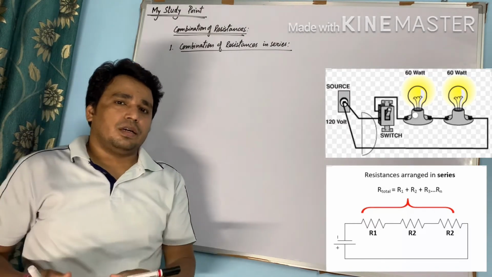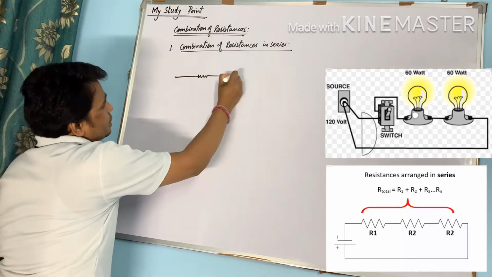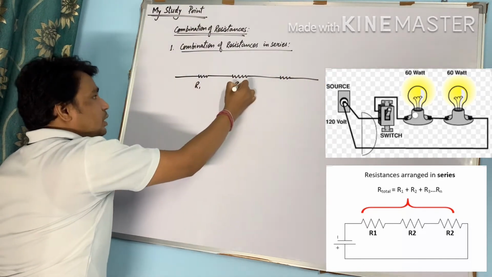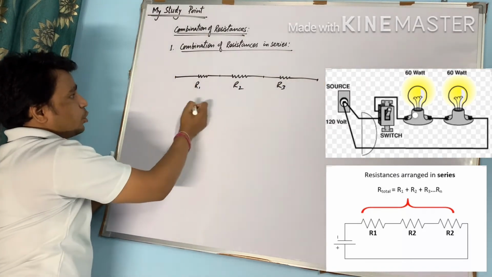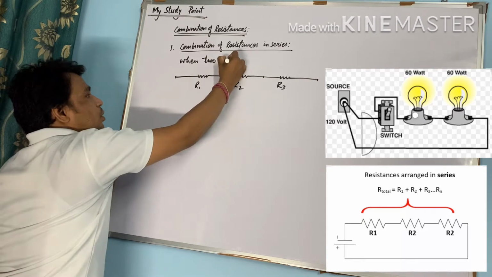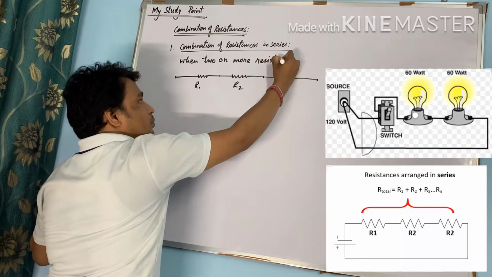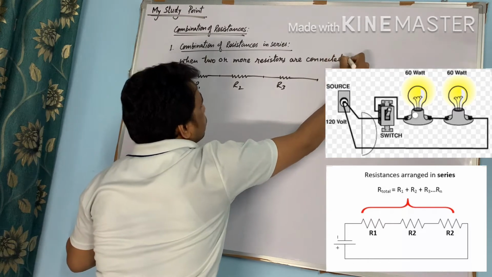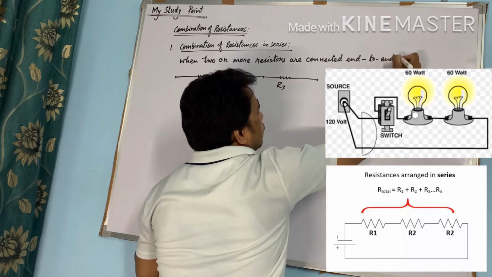For example, this is R1, R2 and R3, such that these three resistances are connected back to back or end to end consecutively.